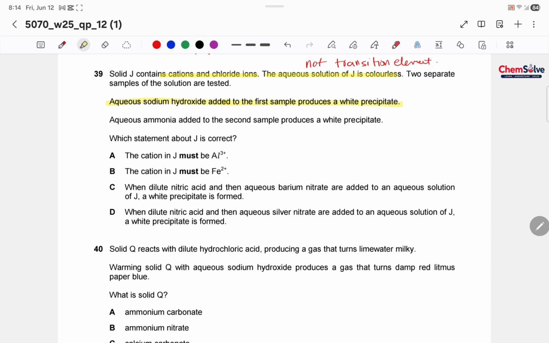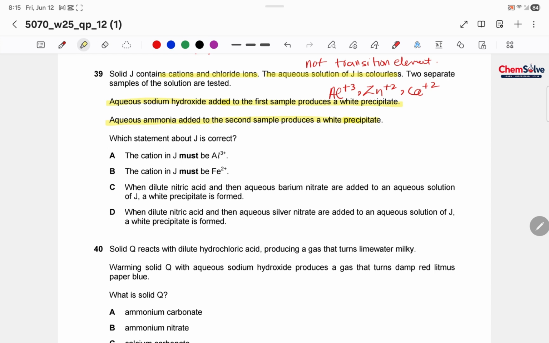If a white precipitate is obtained from sodium hydroxide, then Al3+, Zn2+ and Ca2+ could be present, because all of them produce a white precipitate with sodium hydroxide. Aqueous ammonia is added to the second sample and it produces a white precipitate as well.